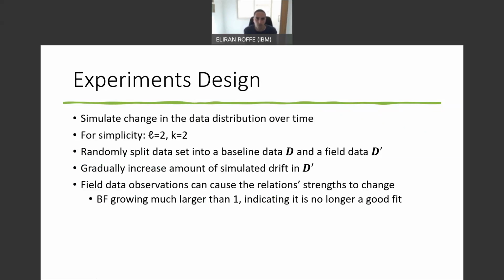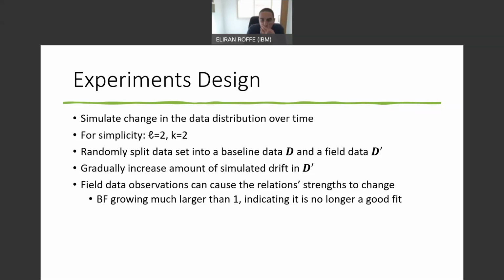One of them was considered as baseline data, the other was considered as field data. And we try to apply some manipulation to the field data, so it will look like a drift that we try to simulate. We gradually increase the amount of drift, the amount of manipulations, so we'll be able to see if there is some interesting mechanism in this case or how it is affected.